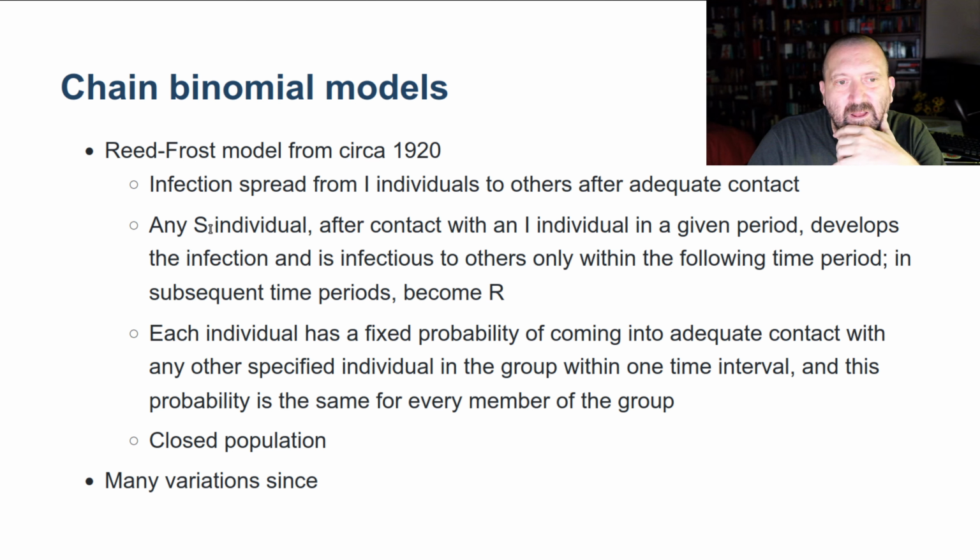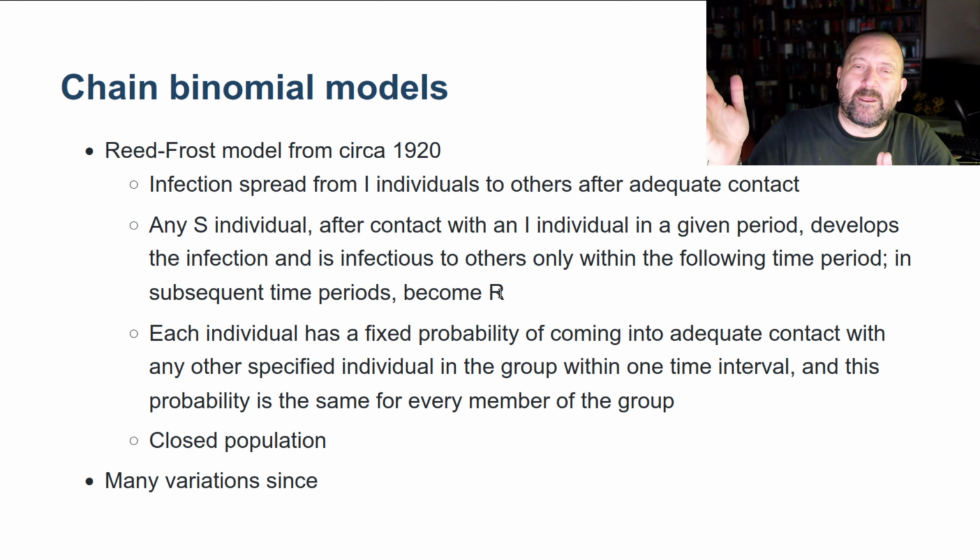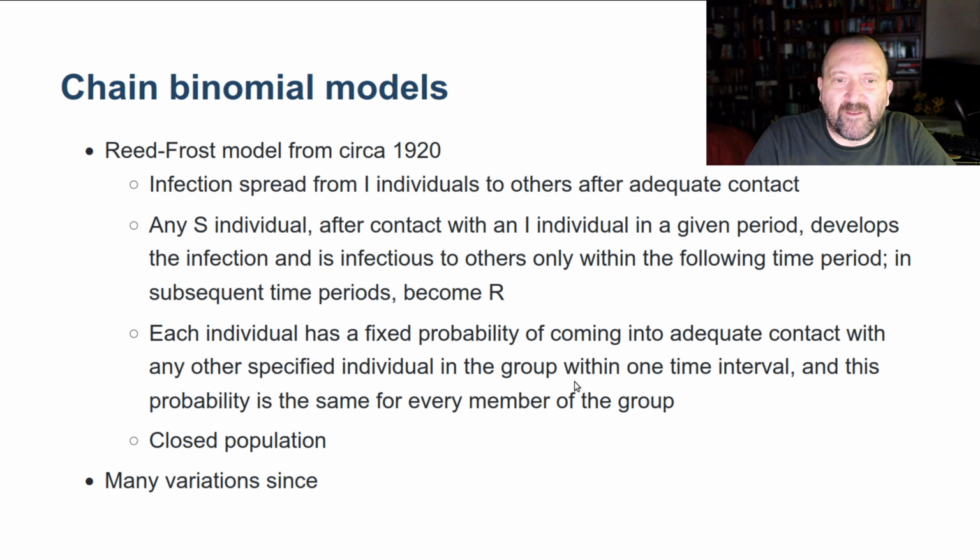It was formulated this way: S after contact with an I develops the infection and is infectious to others within, in the Reed-Frost case, the next time period. And after having been infectious for one time period, they become recovered. And there's a fixed probability of coming into adequate contact with other individuals, etc.